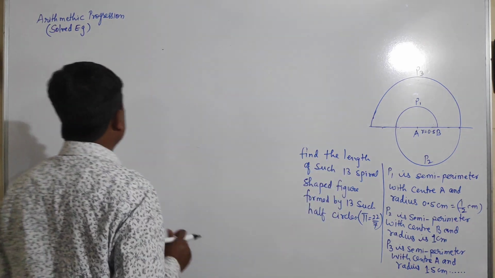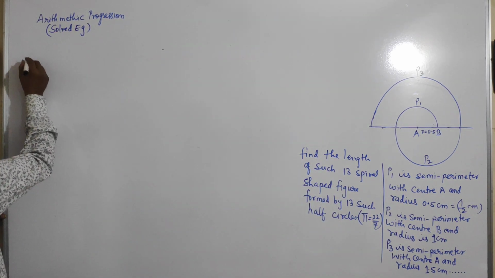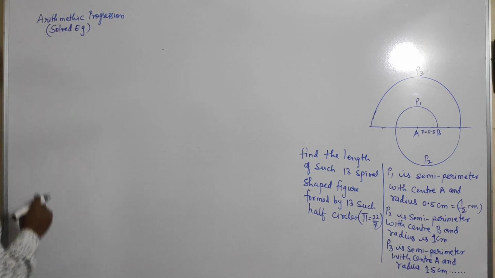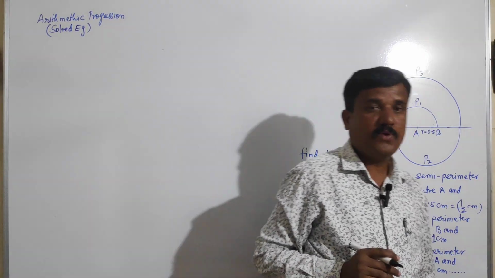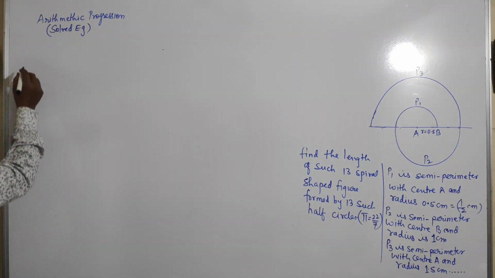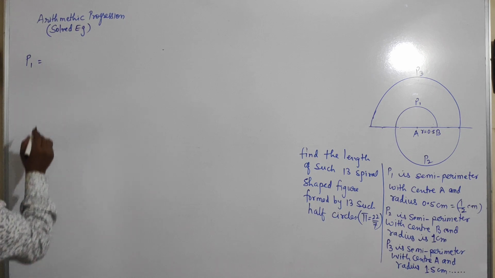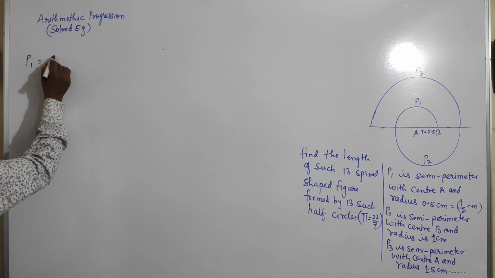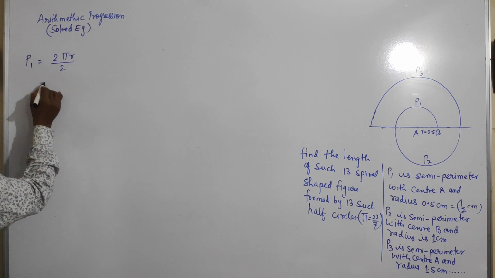So what is the value of A? First we will find P1. What is P1? P1 means semi-perimeter, 2 pi r upon 2.